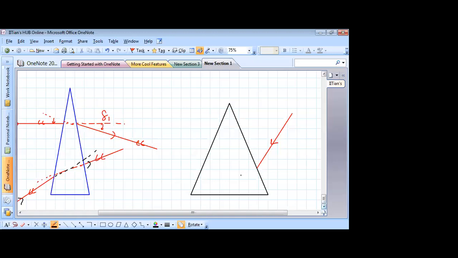If we drop a normal over here, it will bend towards the normal. Like this.